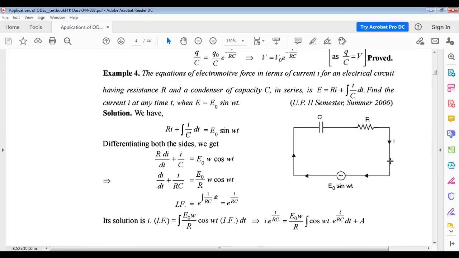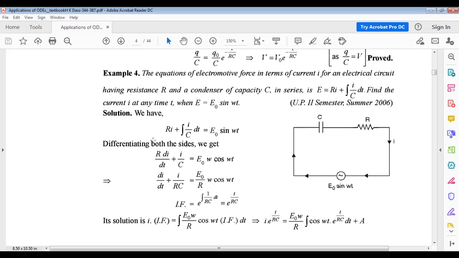This is the EMF, and electricity is going here, and this is the capacitor, and this is the resistance R. So the equation equals to Ri plus integration of I by C dt. Find the current I at the time t when E equals to this. So we have Ri plus integration of I by C dt equals to E, where E means E naught sine omega t.